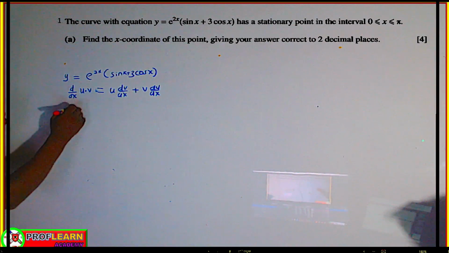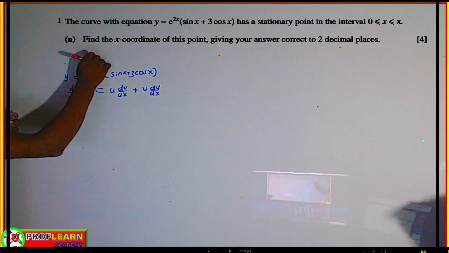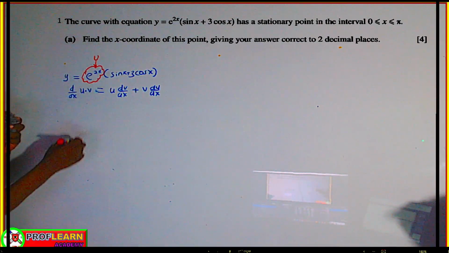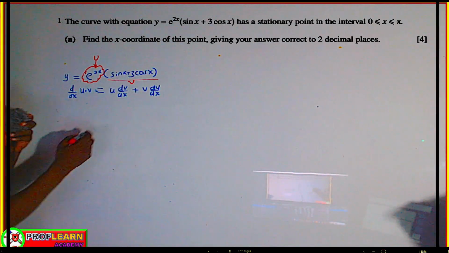We can decide that e to 2x represents our u, and the whole of this other function represents our v.